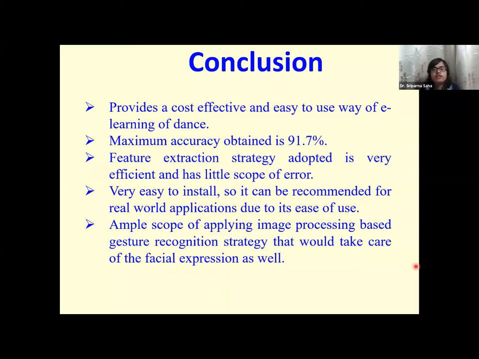By that, it can easily be implemented. And there is ample scope for applying image processing with a gesture recognition strategy. That is, in the future, we will try to implement it along with body gesture.